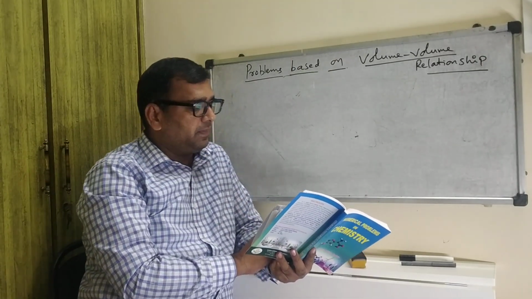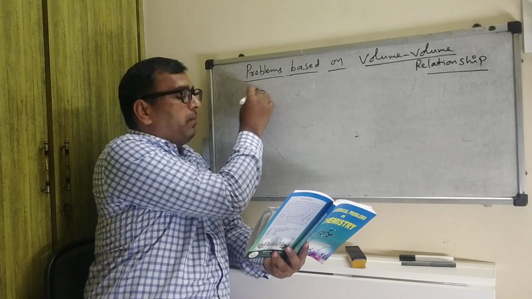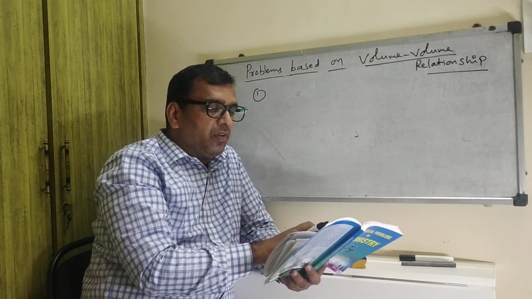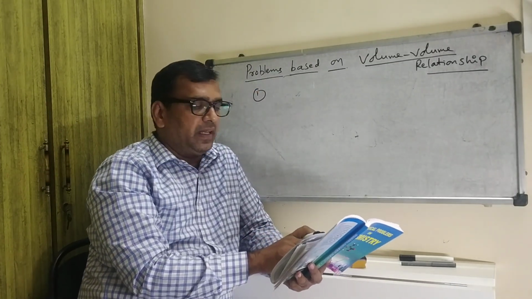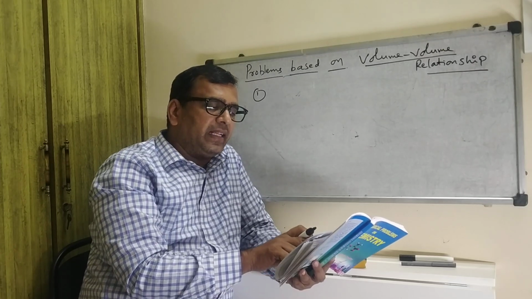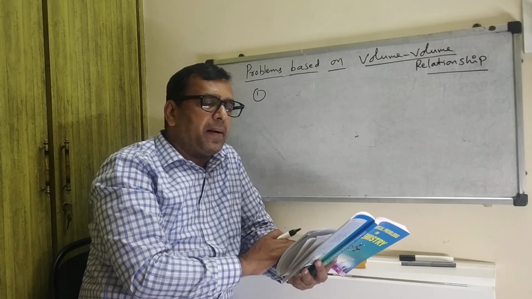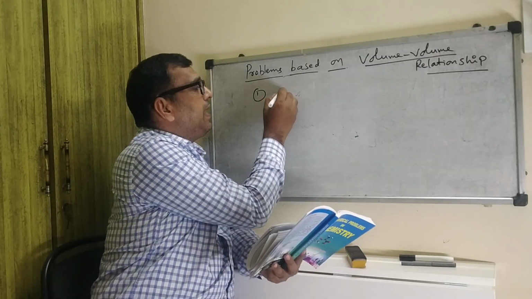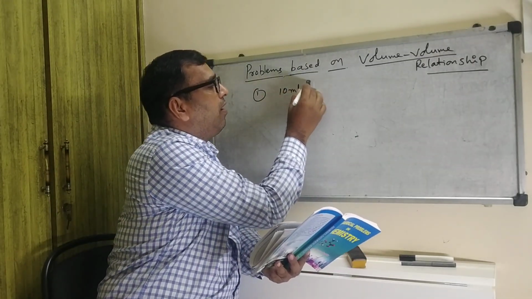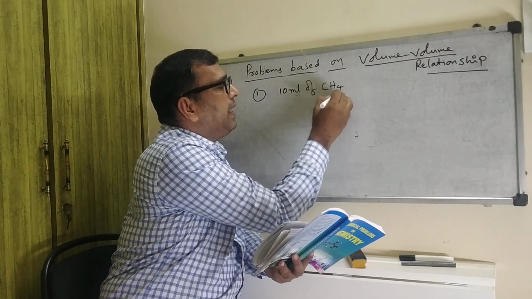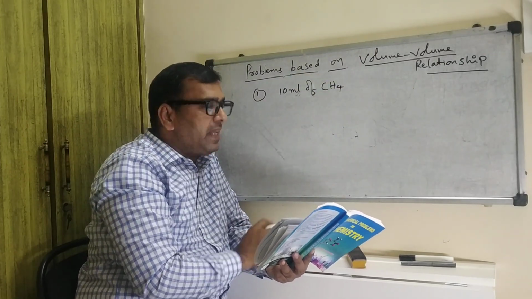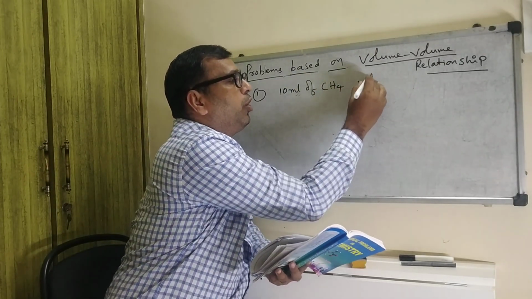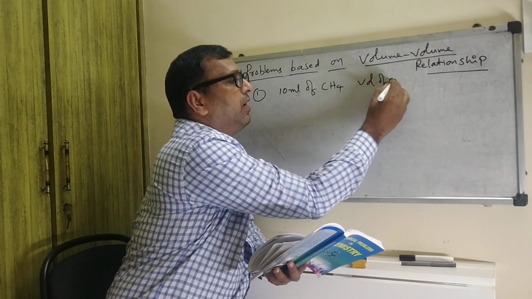That is, first problem: the volume of oxygen gas required at STP for complete combustion of 10 ml of methane.